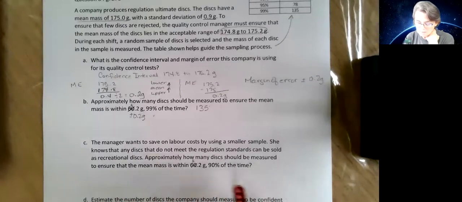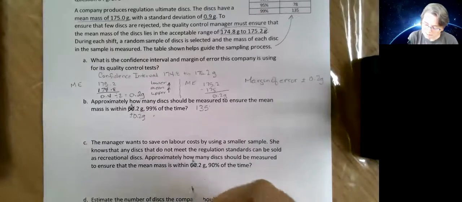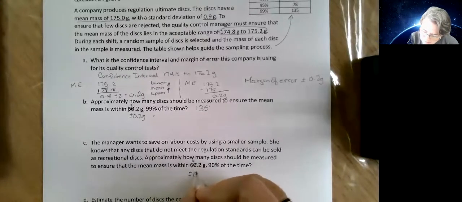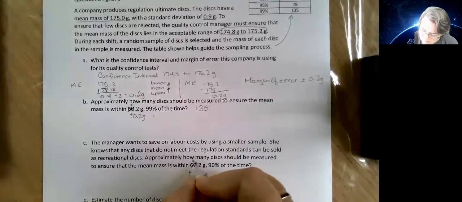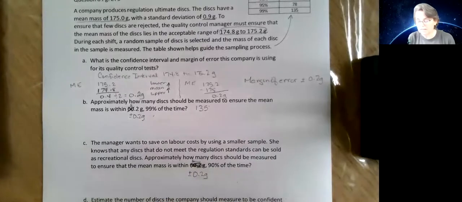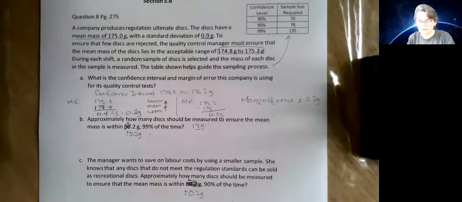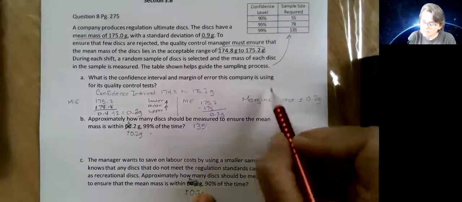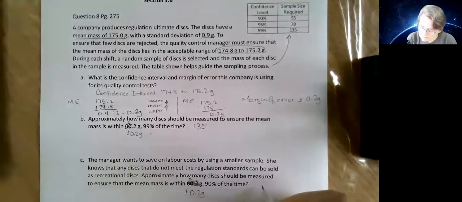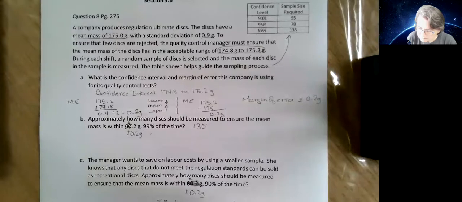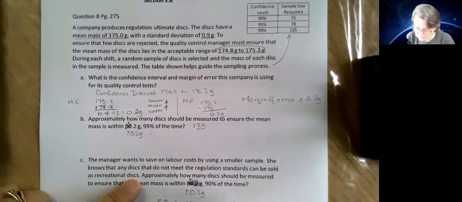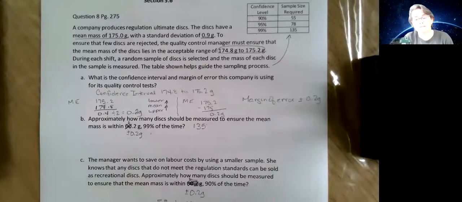Approximately how many discs should be measured to ensure the mean mass is within plus or minus 0.2 grams 90% of the time? 90% of the time, go up here, and that would be 55.